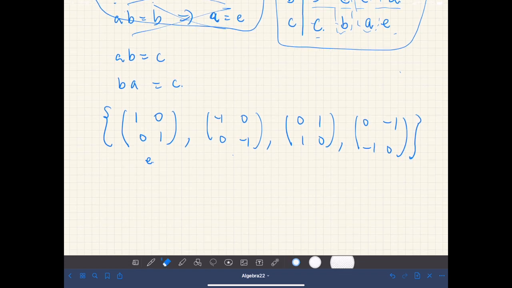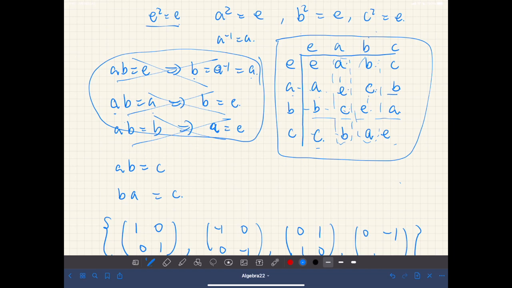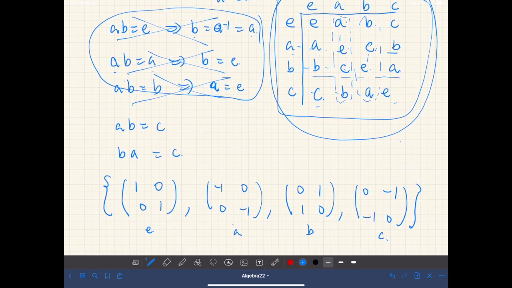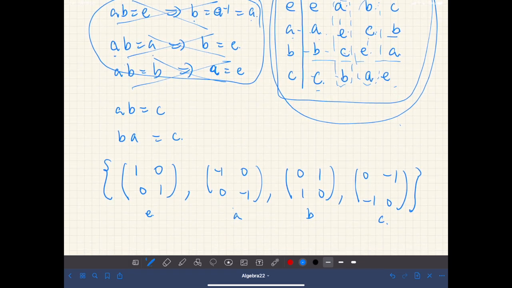So this set with usual matrix multiplication is a group with this type of Cayley table, and you should check. So multiply all these and find that the result is equal to this.